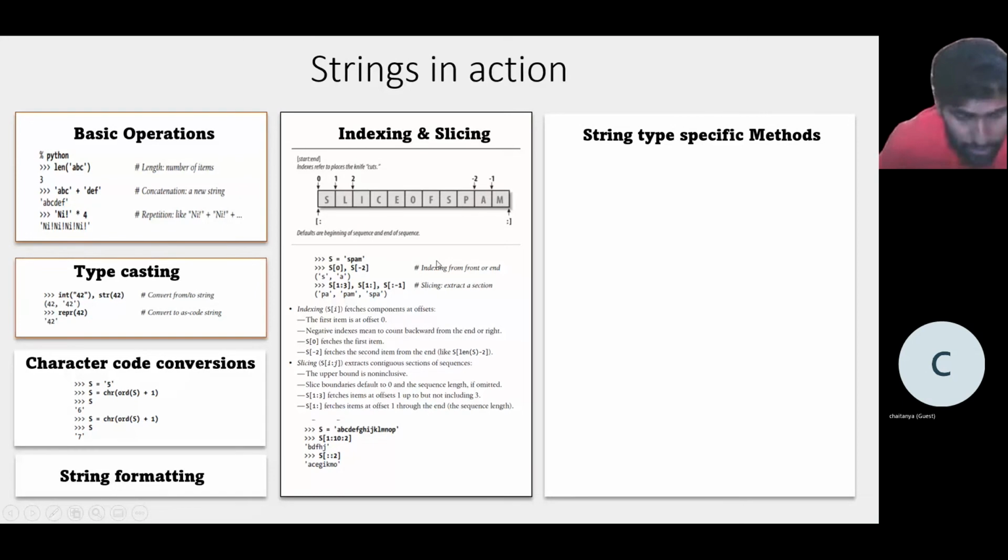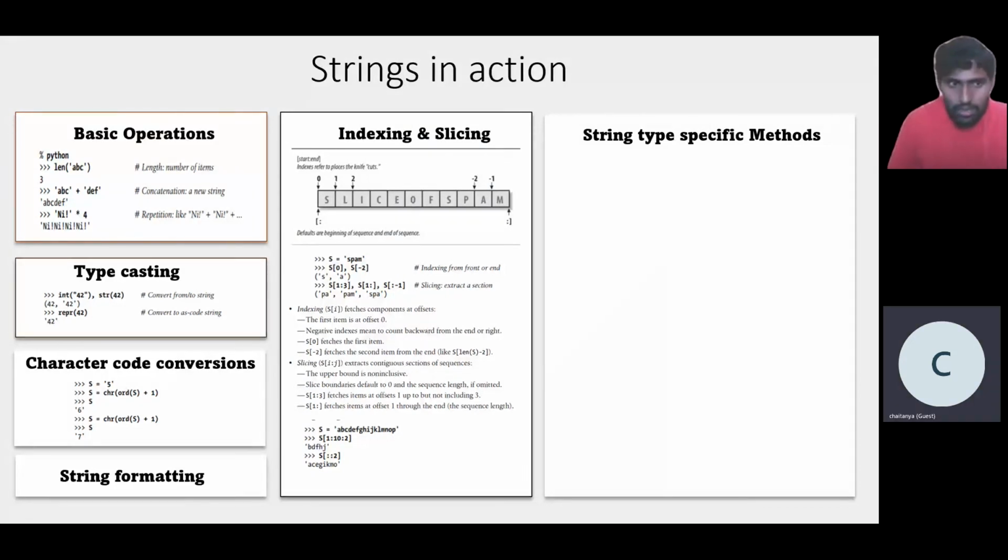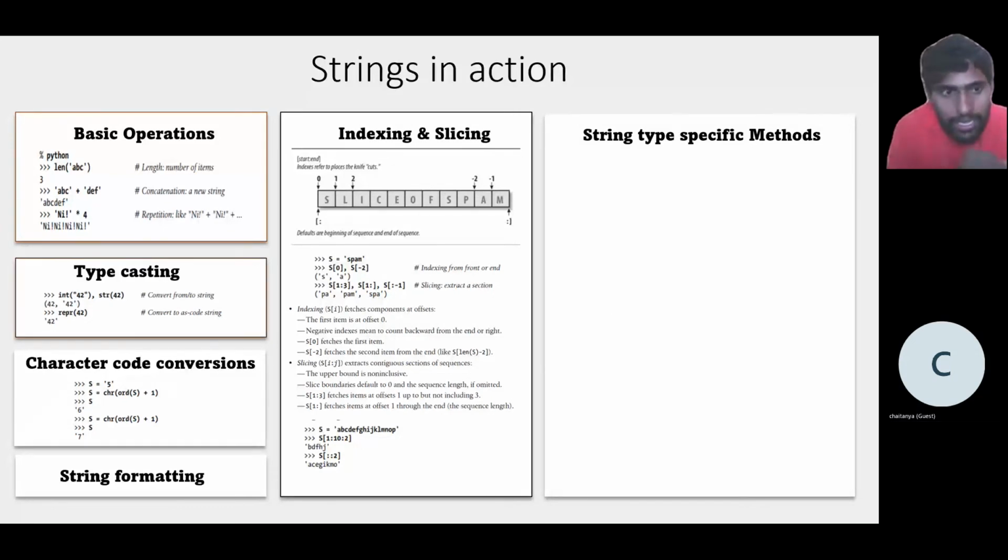So this is our indexing and slicing. Now what we see is typecasting, which we have discussed before. If you call int and pass it a string, it can convert into int.